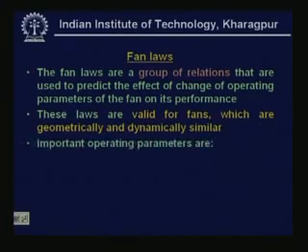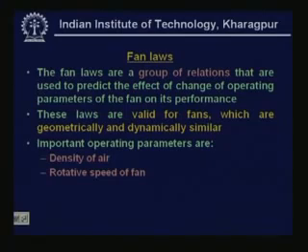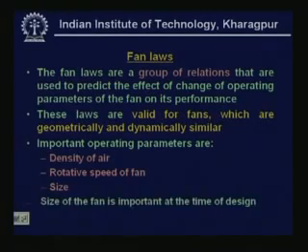Now, what are the important operating parameters? The important operating parameters are density of air, which depends on the air pressure and the temperature, then rotative speed of fan, that means RPM or RPS of the fan, then the size of the fan, what is the diameter, width of the impeller, etc. So, these are the three important operating parameters. Out of these three, size of the fan is important at the time of design.